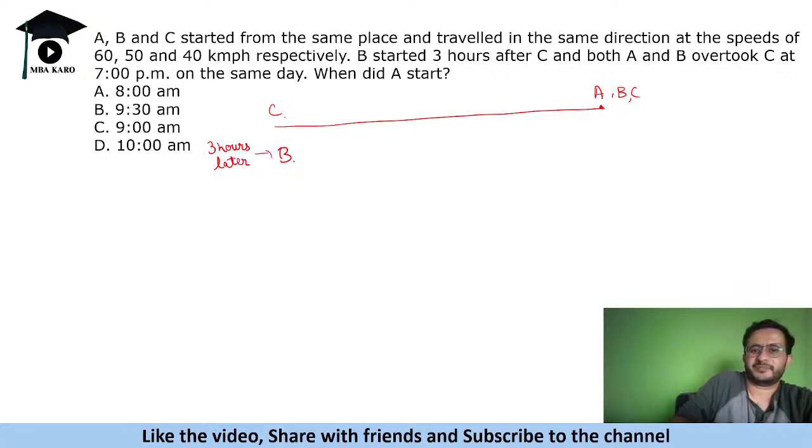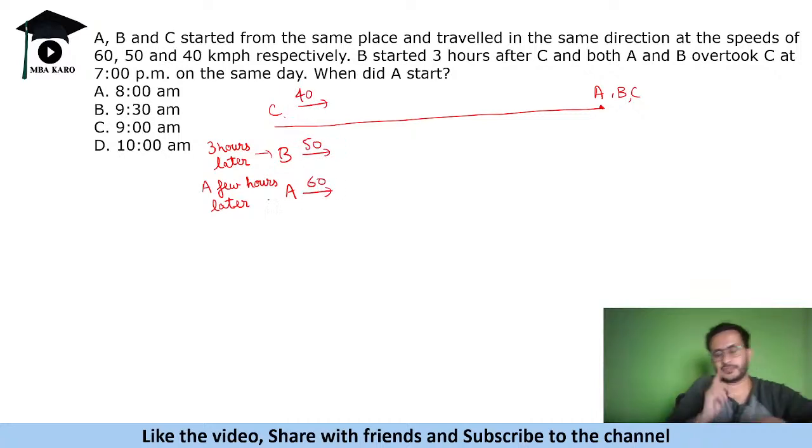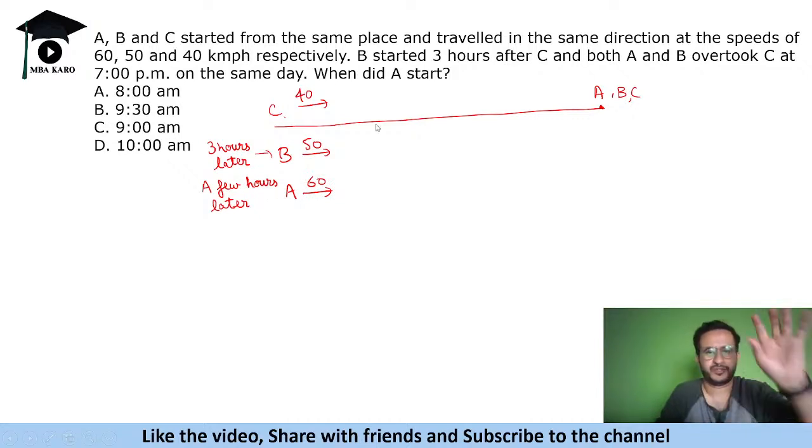Okay, 3 hours later, B also starts, and a few hours later, right, A starts. C की speed है 40, B की speed है 50, और A की speed है 60. So it is asking, when did A start? How to solve this question?